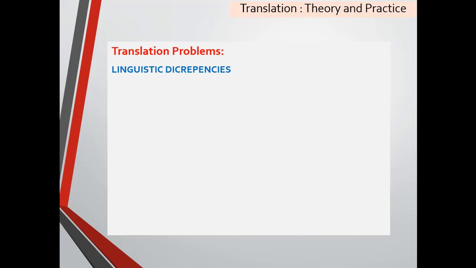For today we will be talking about some new problems, examples, and then at the end we might suggest some solutions for these problems. One of the problems that usually translators face is the use of transliteration.